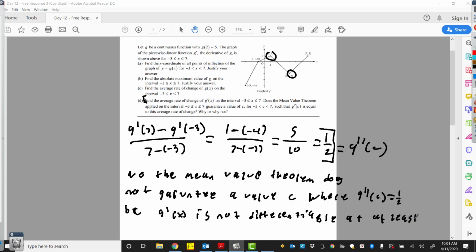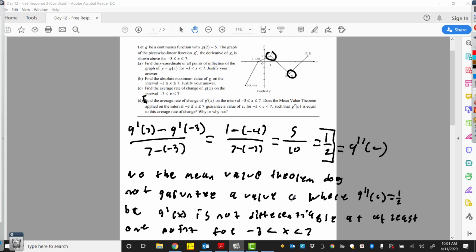This isn't a great English sentence, but it works. So what this is saying is that the mean value theorem does not guarantee a value c because g prime of x has at least one non-differentiable point.